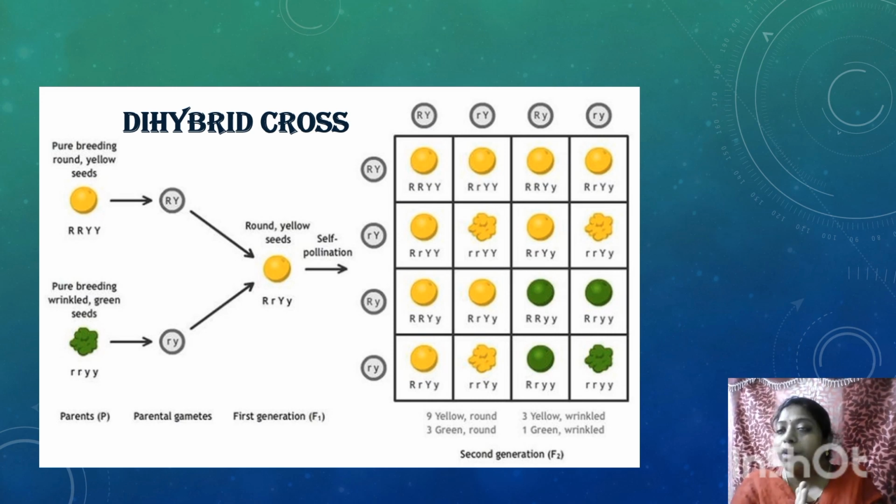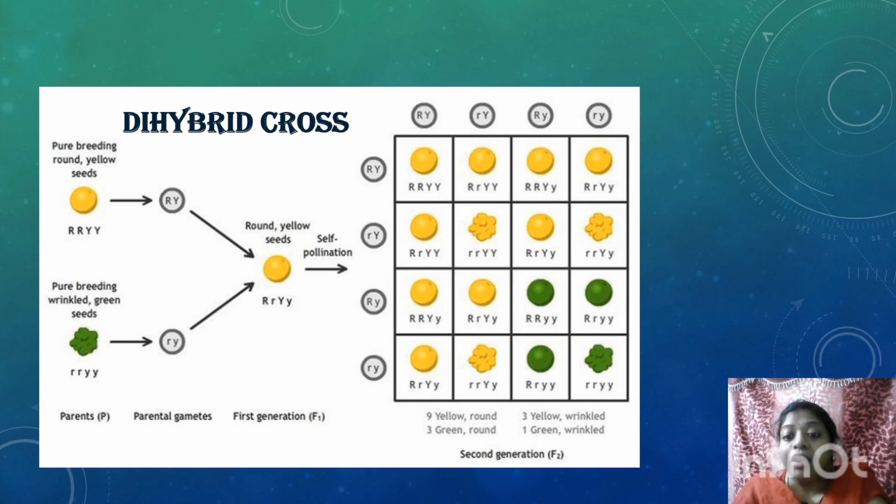In this phenotypic ratio, he got the ratio 9:3:3:1. As you can see in the pictures, 9 stands for yellow round, 3 for yellow wrinkled, which is recessive in shape, and 3 for green round.